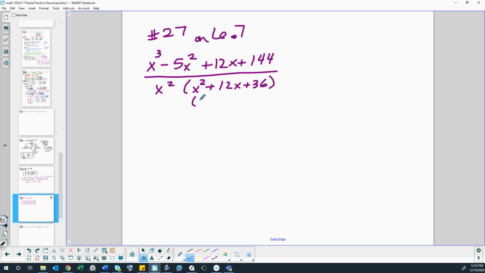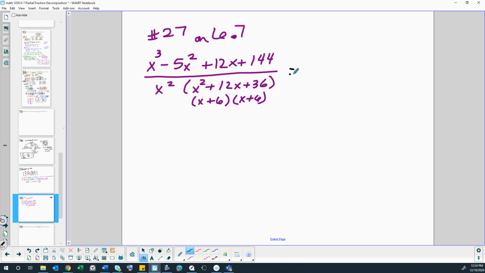So that can actually factor into x plus 6 squared, right? Okay, so that actually just gives us two different linear factors, and both of them are repeated.